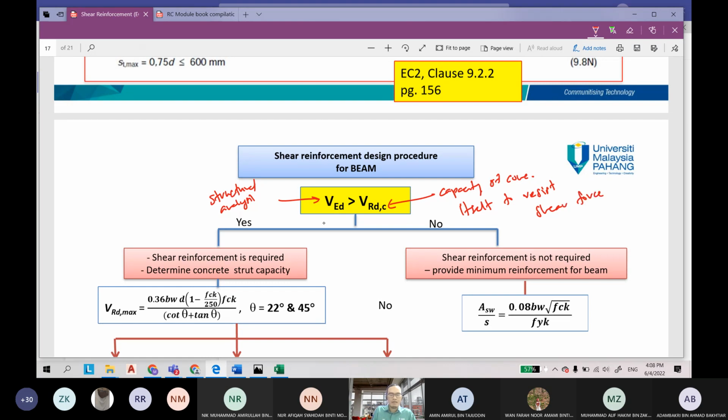So if the action shear stress is greater than the capacity, we need the shear reinforcement. However, if the capacity of the concrete is larger than the shear stress we obtain from the analysis, we don't need the shear reinforcement.